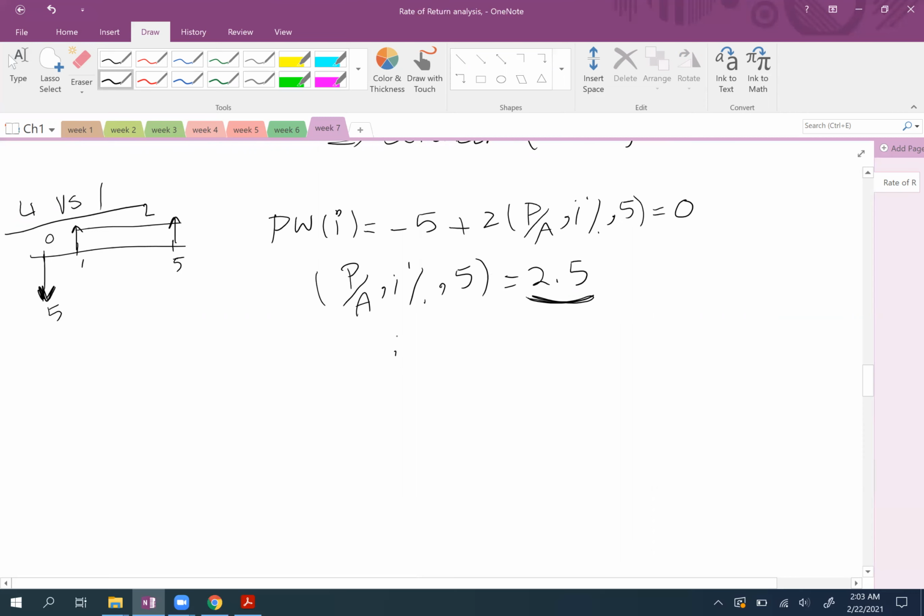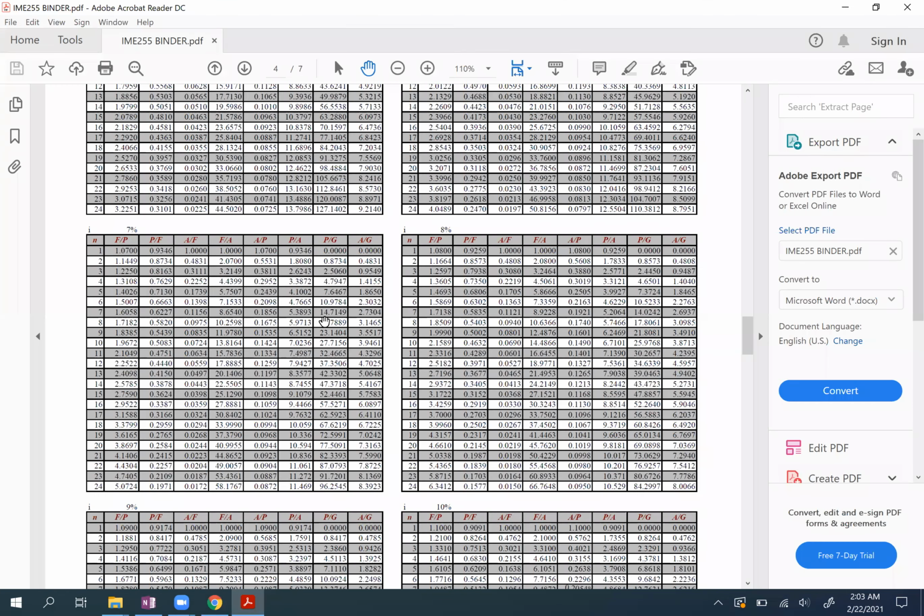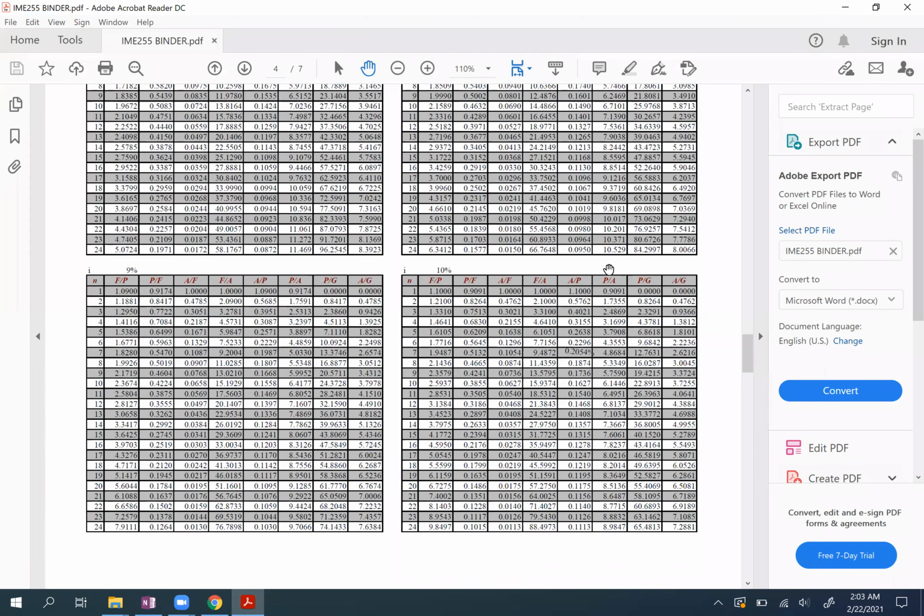Again, I don't need to do exact calculation because when I go over different tables, I can see that the value of I star is something between 20 and 30%. So if I want to show that again to you, for example, look at P given A column when N is equal to 5. I want this number to be close to 2.5.